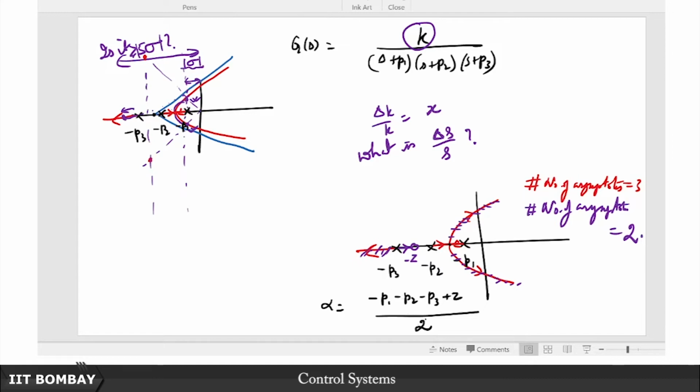If the reduction in the denominator is much more than the reduction in the numerator, then of course this alpha will increase in magnitude and you will have this move to the left, right? So of course it will depend. So let's not jump to any conclusions, and we'll see that this really becomes an interesting question.